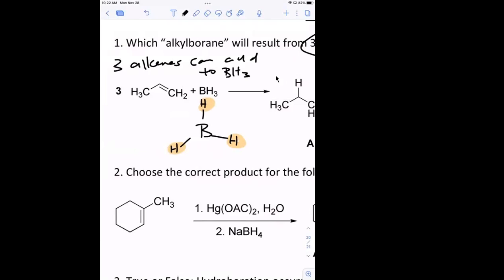Right, I think I showed you when we first started talking about this, part of the mechanism and why it's anti-Markovnikov, because you add B and H across the double bond to get that alkyl borane. So this question is just asking about that.